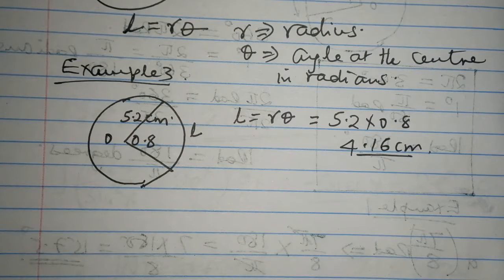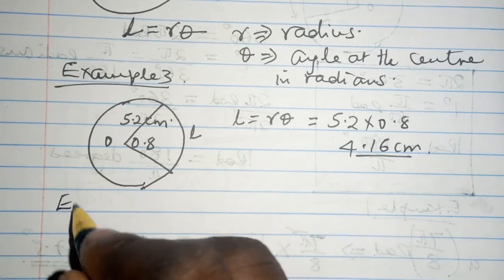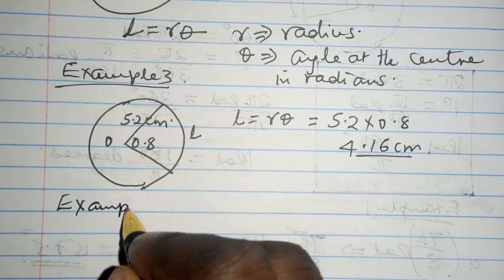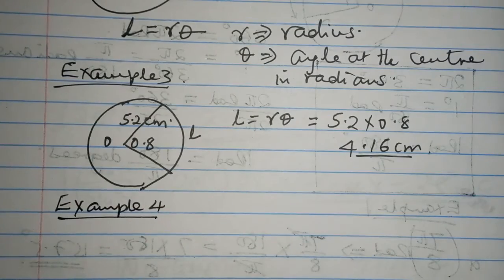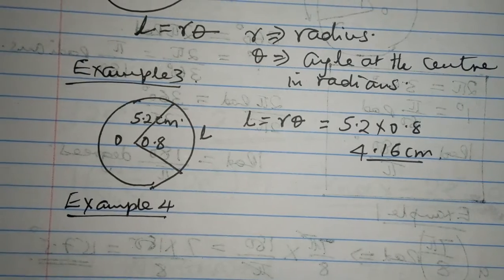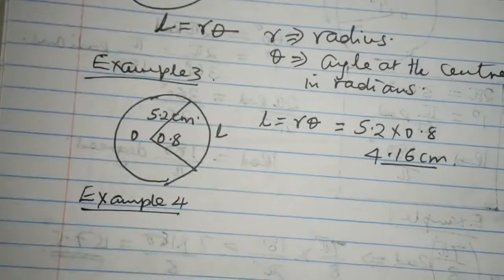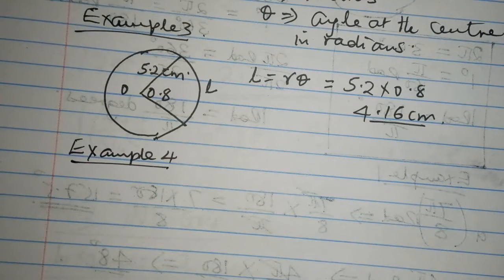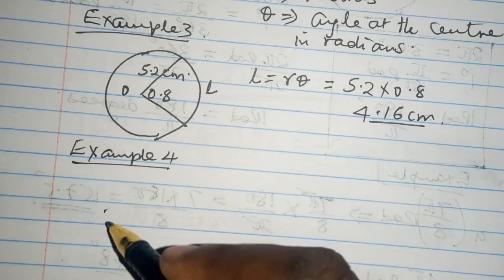Let's look at example 4 in the same video. We are told that an arc AB of a circle with radius 7 centimeters has a length of 2.45 centimeters.